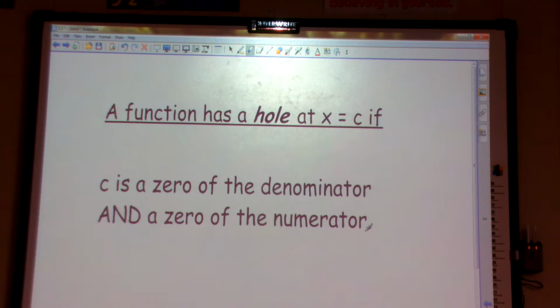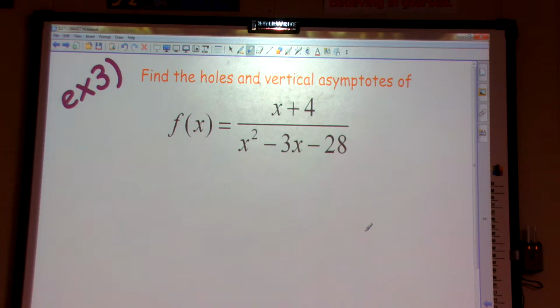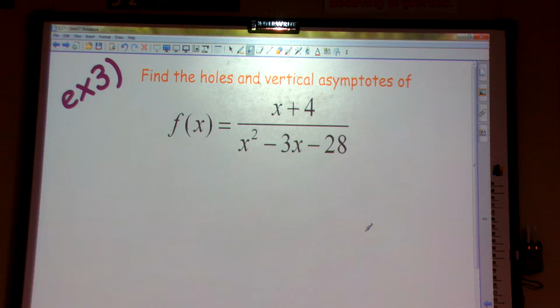So let's try one. Find the holes and asymptotes of f of x equals x plus 4 over x squared minus 3x minus 28.